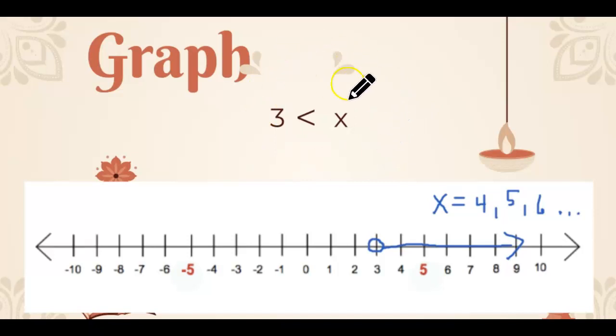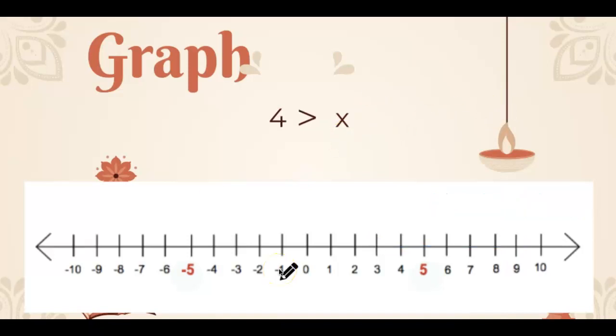Standard form means the variable first, then the inequality, and then the number. Okay, let's look at another example that looks like this. It says 4 must be greater than x. So let's go to 4. It is open because it's not equal to. And then it says 4 must be greater than x. So I couldn't use 5 or 6, because those are not possible x's. Is 4 greater than 5? No. Is 4 greater than 6? No. Let's try this one.